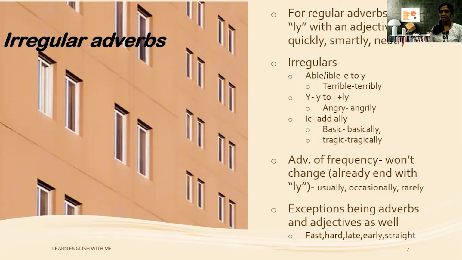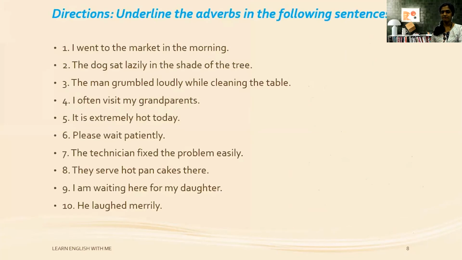So without making any changes, you can use these kinds of words as adjectives and adverbs as well. Right? And here are a few questions you have to do. You can just pause the video and try to do them. What you have to do is to identify the adverb and try to identify the particular kind of adverb. Okay?